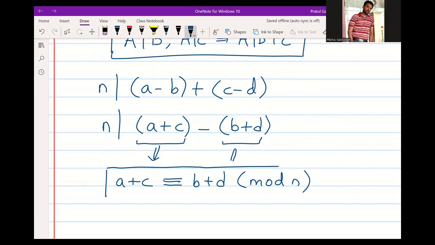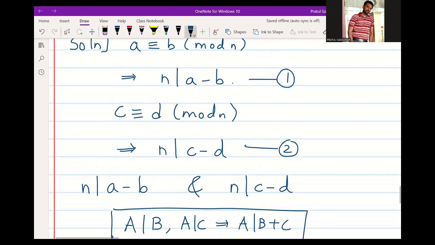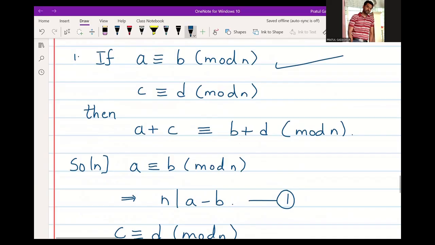If A is congruent to B and C is congruent to D, then A plus C is congruent to B plus D modulo n. This is how you can add two congruences.